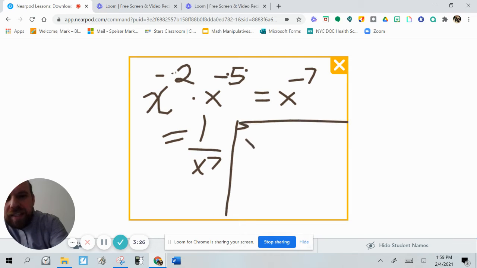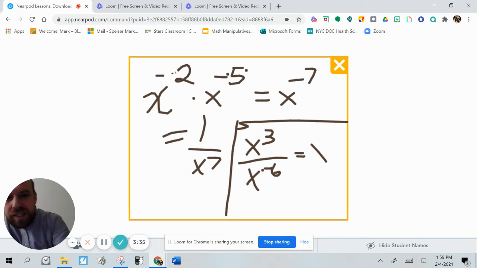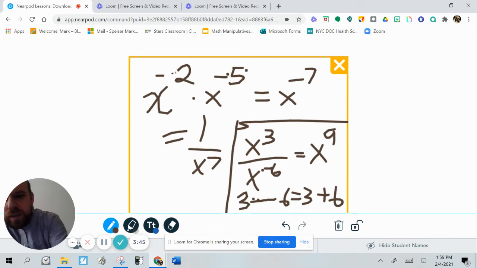Same thing, if you had x to the 3rd over x to the negative 6, 3 minus negative 6 is x to the 9th, because 3 take away negative 6 is 3 plus 6.